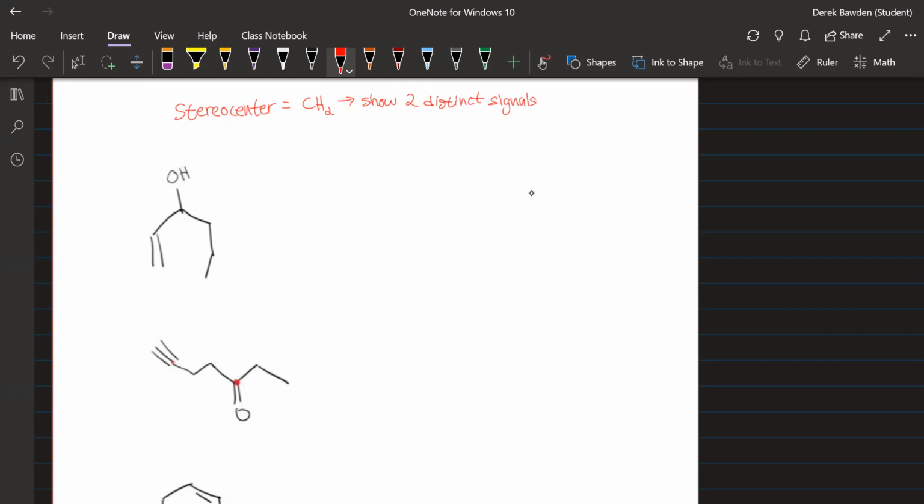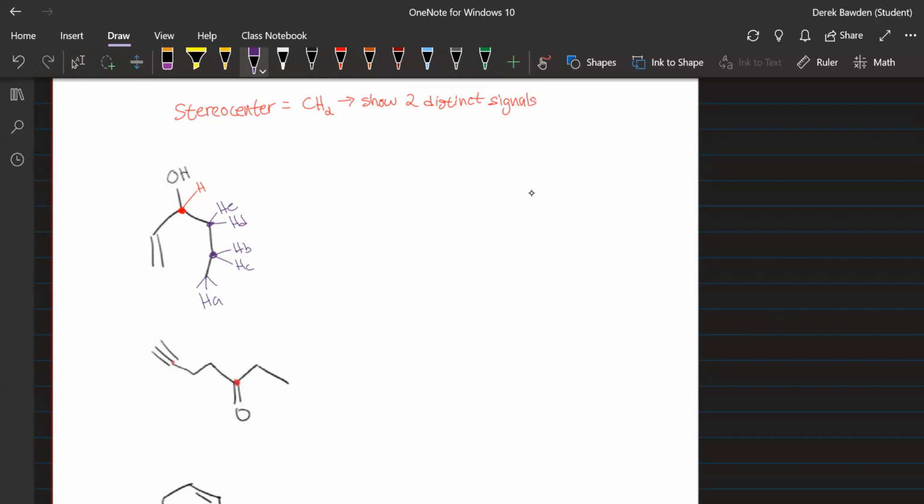Okay, so for looking at this first molecule, there is a stereocenter here, because we've got a hydrogen, an OH, and two different carbon groups. So we do have a stereocenter. That means we need to go through and label all of our different hydrogens. So we've got our HA, HB, HC, HD, HE. Because these are both CH2s, that's why these are different peaks here.